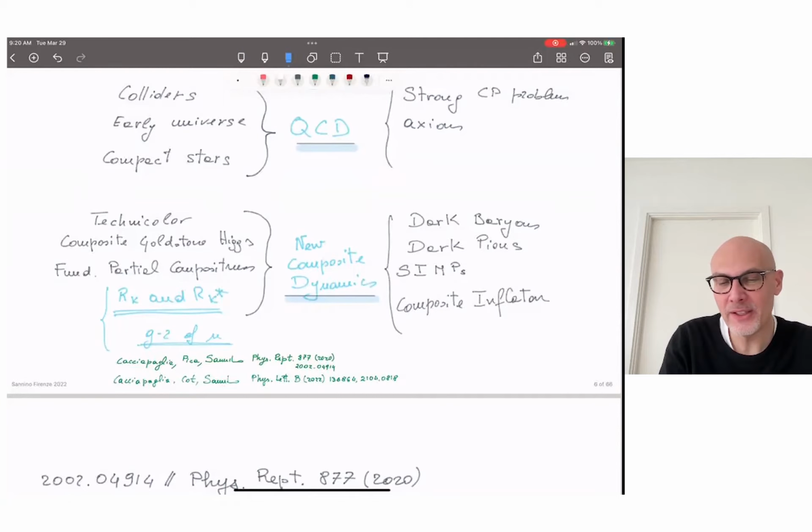But one way to do this is, for example, if you have an SU(2), with 2 the number of colors, and you have two Dirac flavors, you have an SU(4) global symmetry that, through the condensate, the fermion condensate, breaks to the symplectic group as before.